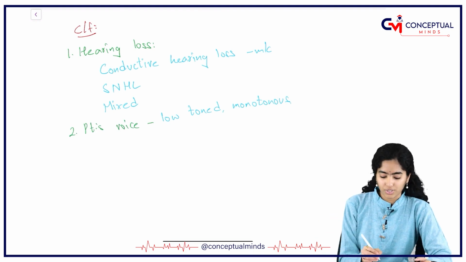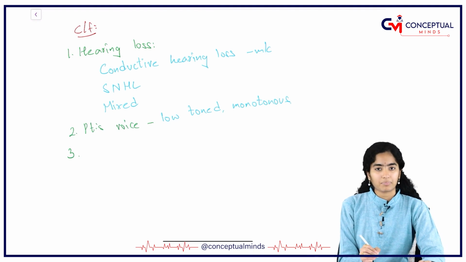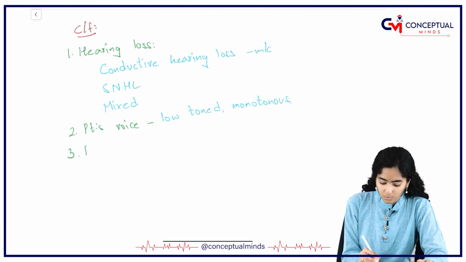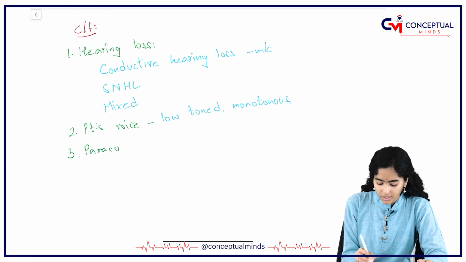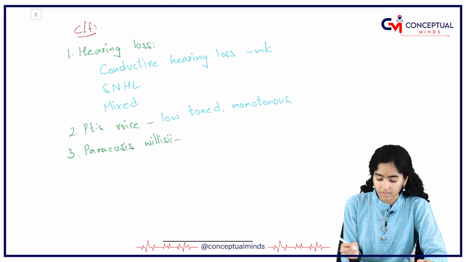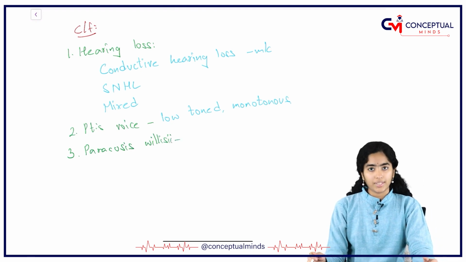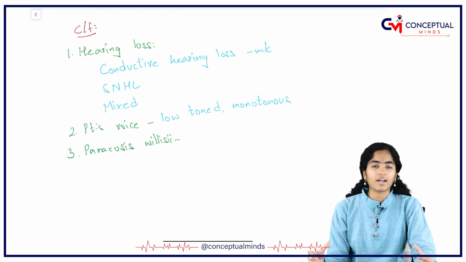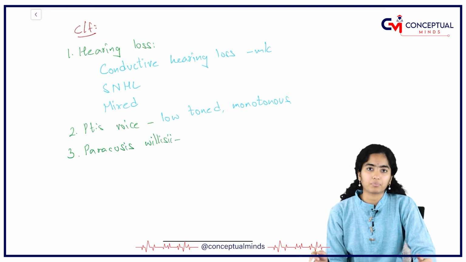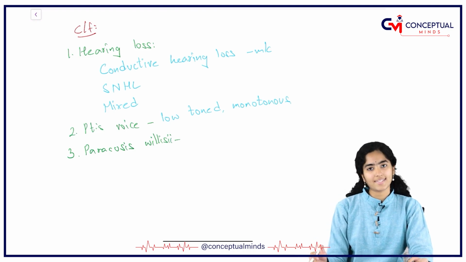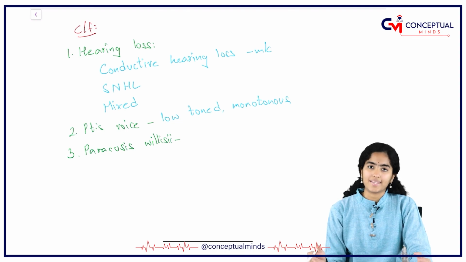The next feature is something called as paracusis willisii. What is paracusis willisii? Normally, for anybody, when the surroundings are noisy, our hearing becomes dampened. But in these people, they hear better in noisy surroundings than in quiet places.